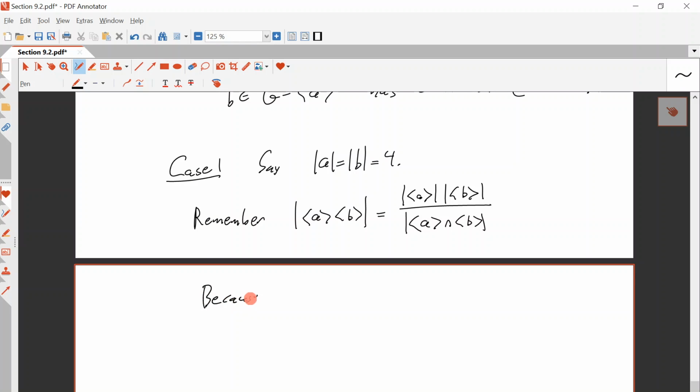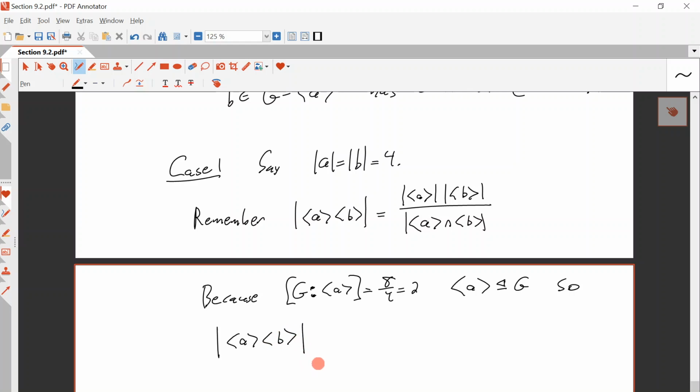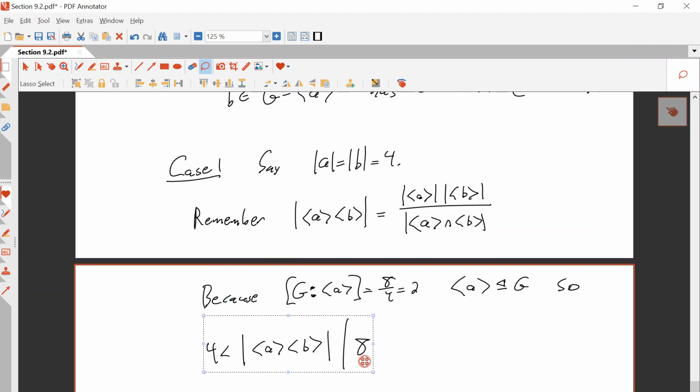Because the index of the cyclic subgroup generated by A is 2, it is normal in G. So the subgroup generated by the products of A's and B's can't have order 4. It's got to be bigger than 4. It has to be a divisor of 8 that's bigger than 4.